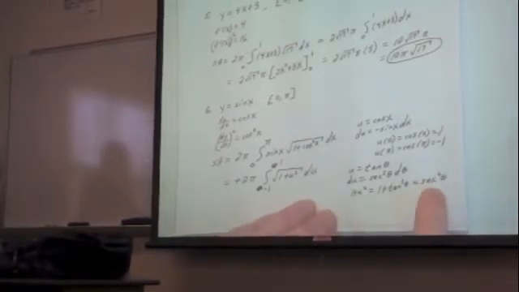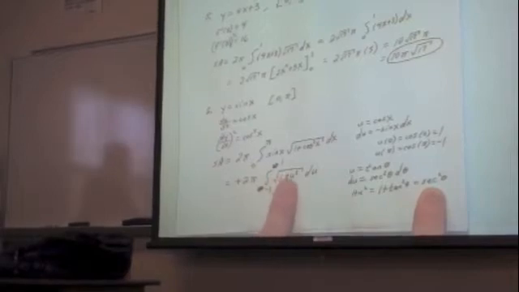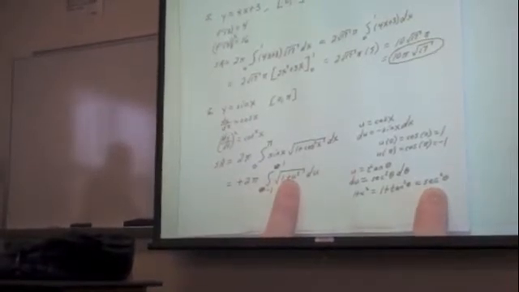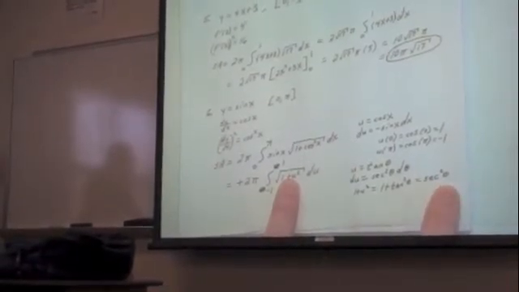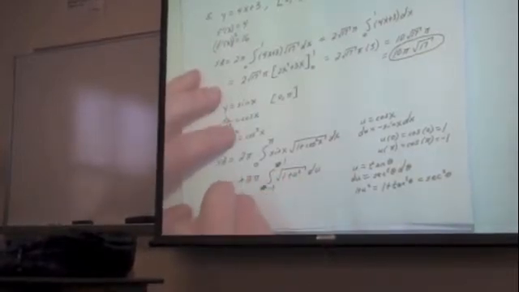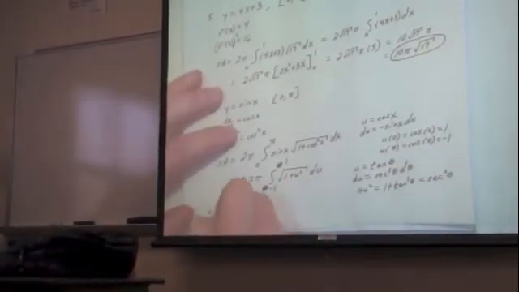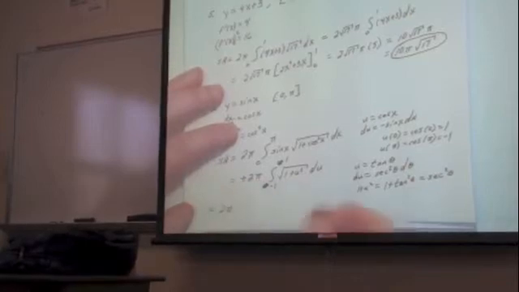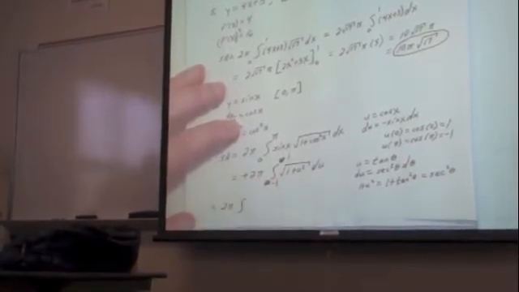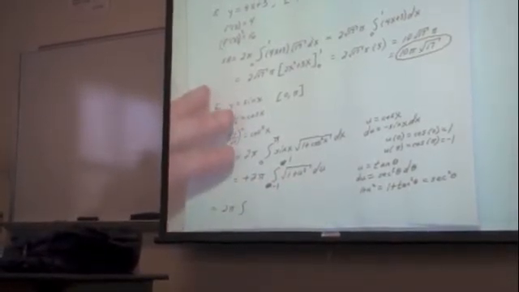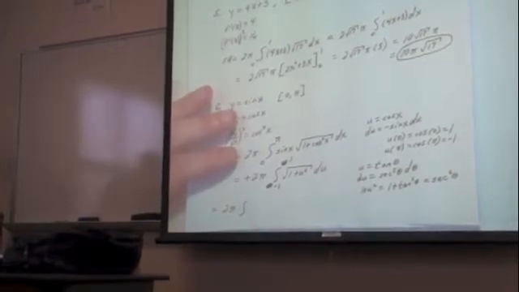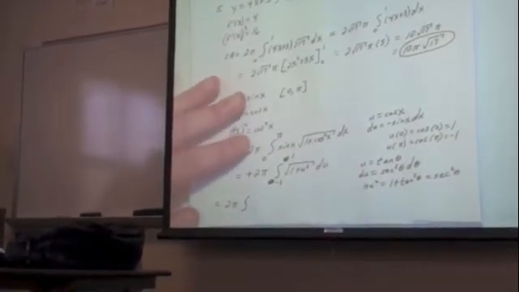But I'm going to have the secant squared inside of a square root. So I know that square root is just going to be secant. So this is going to equal 2 pi, and I'm just going to leave my limits off for right now. I'll worry about them in a second.